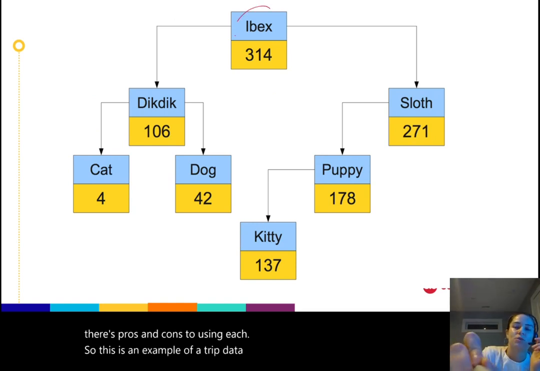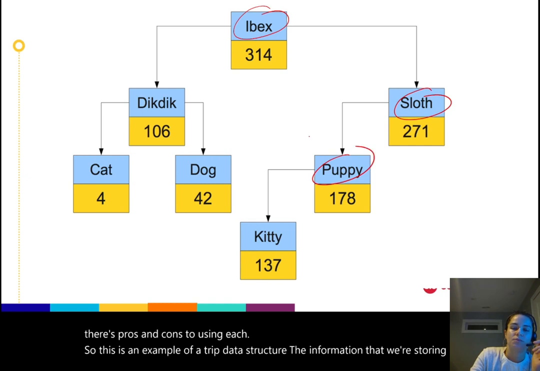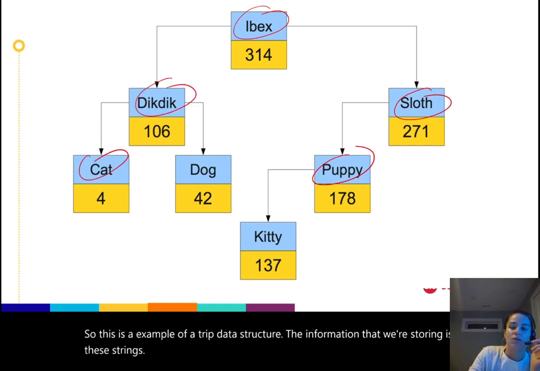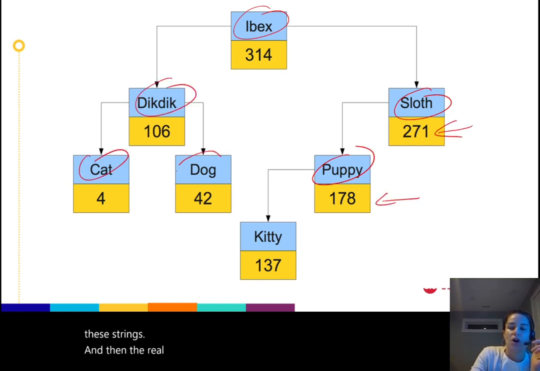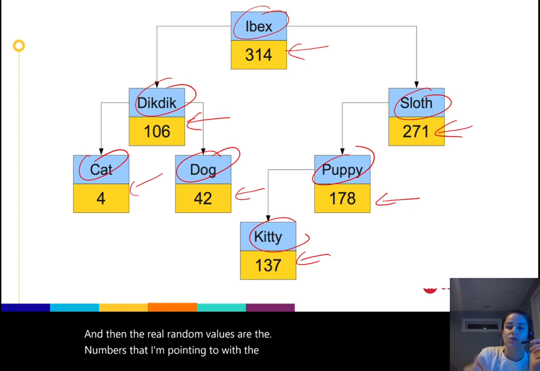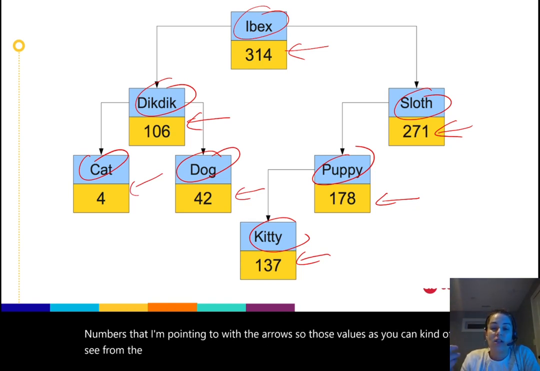The information that we're storing is these strings. And then the real random values are the numbers that I'm pointing to with the arrows. So those values, as you can kind of see from the picture, follow heap ordering, but this would be considered a max heap, right?